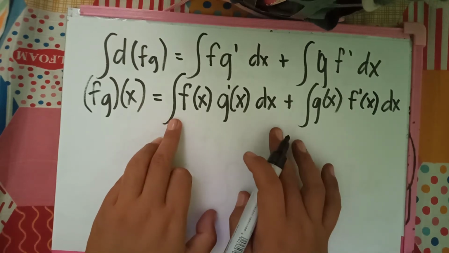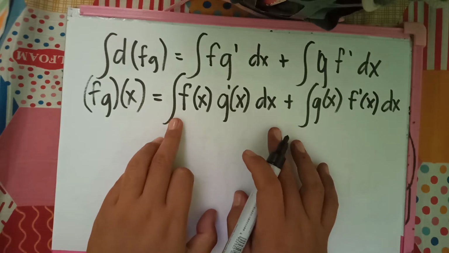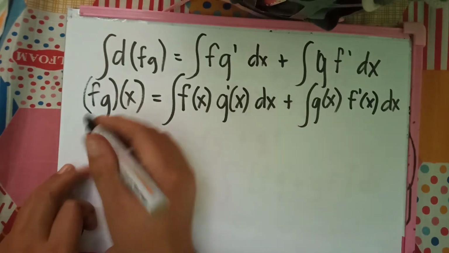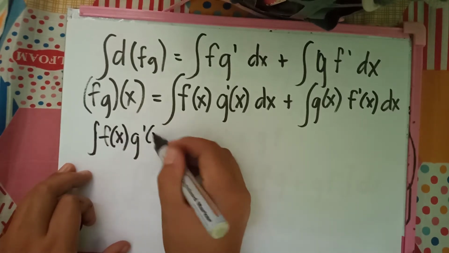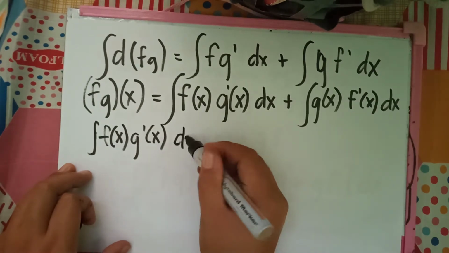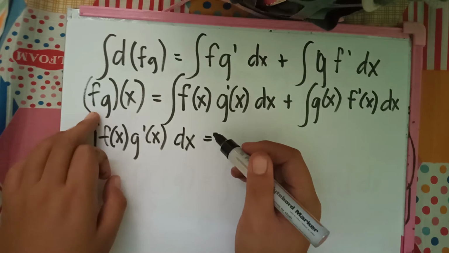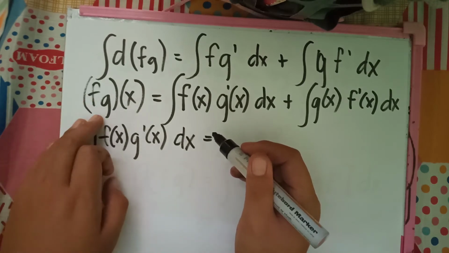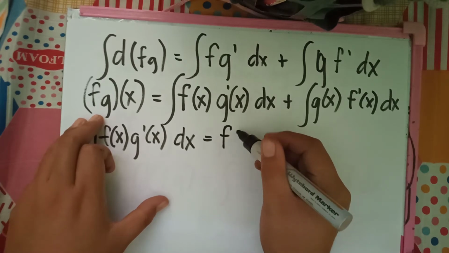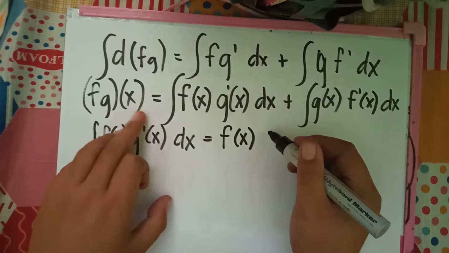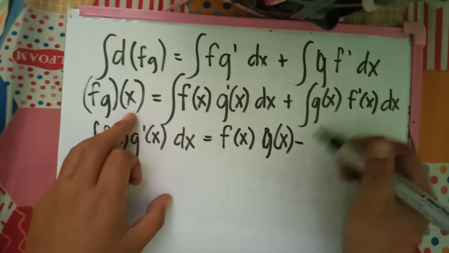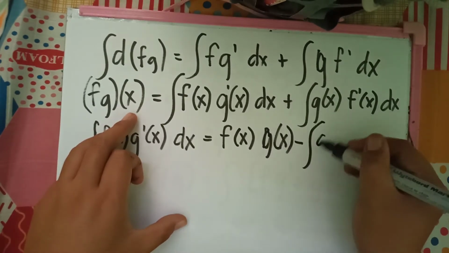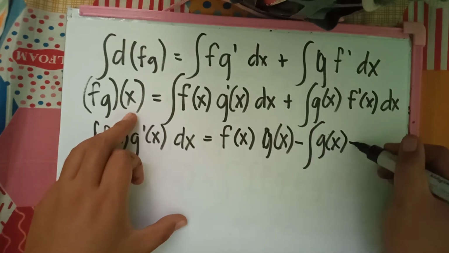Or simply, we will have the integral of f of x multiplied by the derivative of g of x dx will be equal to f of x multiplied by g of x minus the integral of g of x times the derivative of f of x dx.